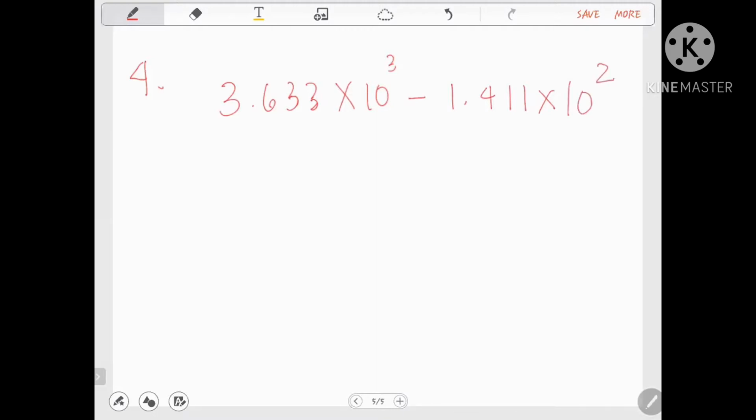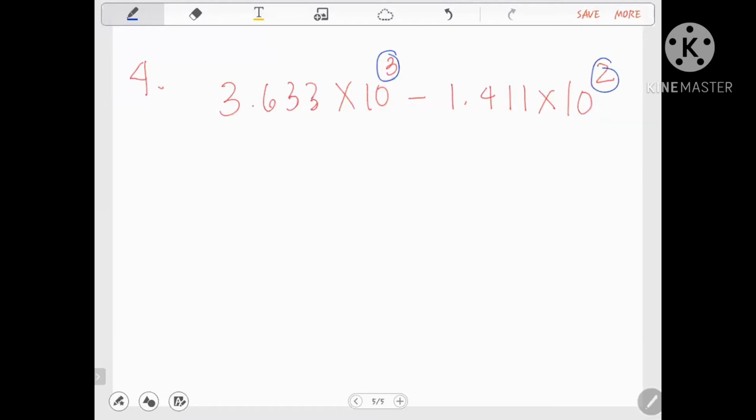Okay, your 1 minute will start now. All right, thumbs up. So let's check first the exponents. This scientific notation has 3 as exponent, and this one is 2. So they are different. So they have different exponents.